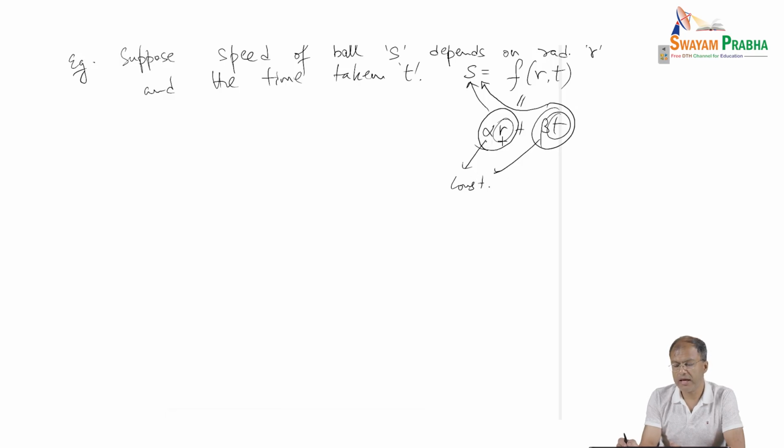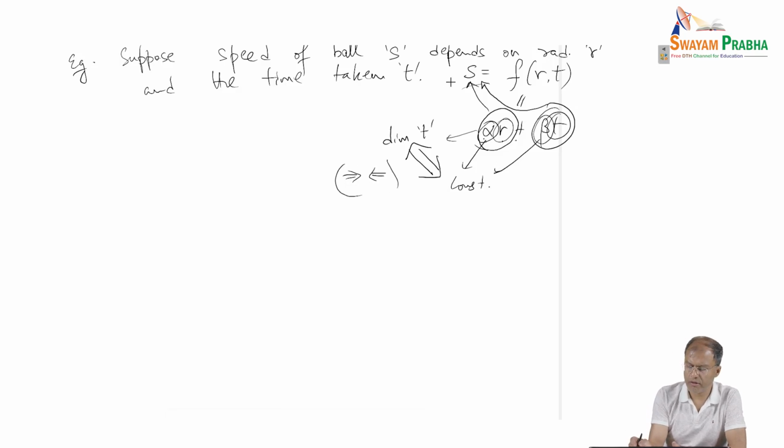But if alpha times r has a dimension of the speed s, then alpha must have dimension of time. Otherwise, alpha times r will not have a dimension of speed s, right? So this has a dimension of time, and this leads to a contradiction because alpha is a constant. Similarly, we can find a contradiction for beta as well.